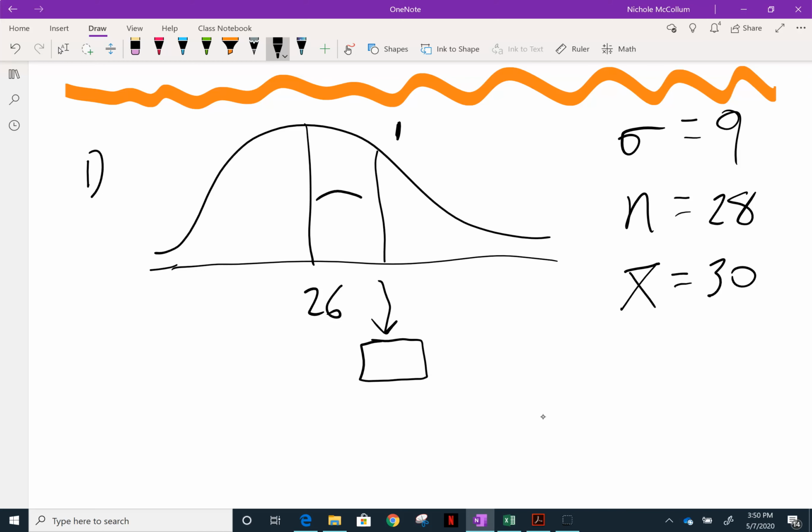When I talk about the spacing here, this error is no longer just sigma. It is an adjusted sigma based on the fact you're using a sample. It's called sigma X bar. Now, sigma X bar is just a formula. It's the standard deviation of a sample, better known as the standard error of the sample. What is it? It's the old standard deviation adjusted by the square root of the group size.